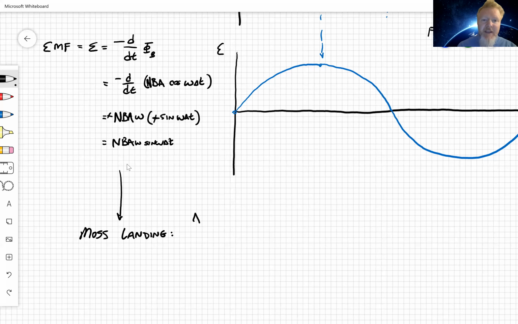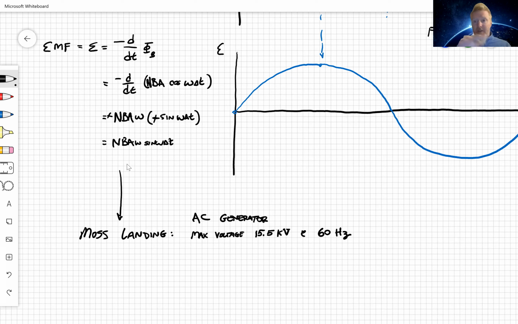Okay, so basically it's an AC generator, which is what this is, right? This is called an AC signal. This voltage is an AC signal. It's alternating. Moss Landing's an AC generator, and it puts out a peak voltage of 15.5 kilovolts, and that's generated, of course, at 60 hertz because the frequency is going to match.